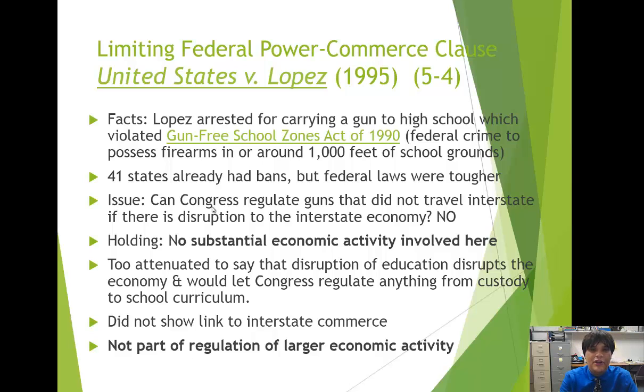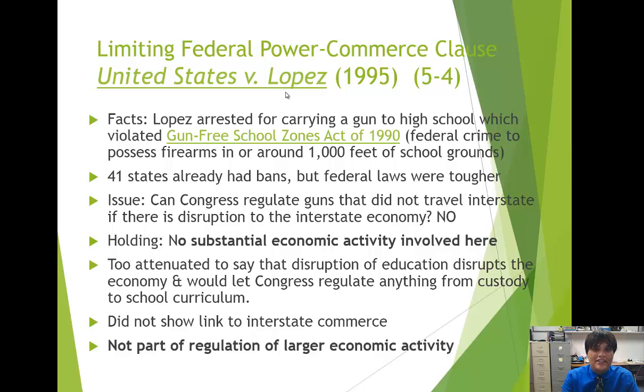That's a blown up argument, is basically what they said. So really the federal government, the United States, failed to show a link to interstate commerce. There's no part of regulation of larger economic activity. Therefore, Lopez is actually justified in carrying his firearm onto a school ground.